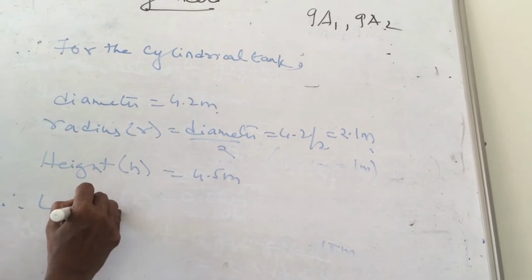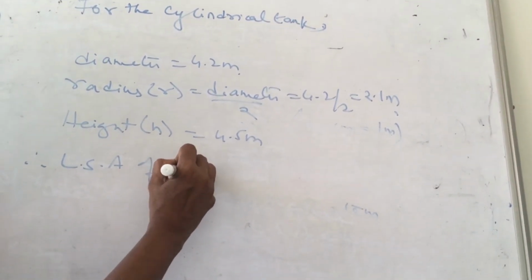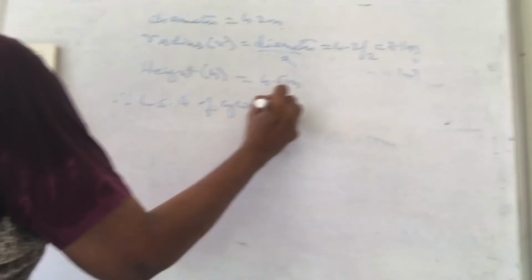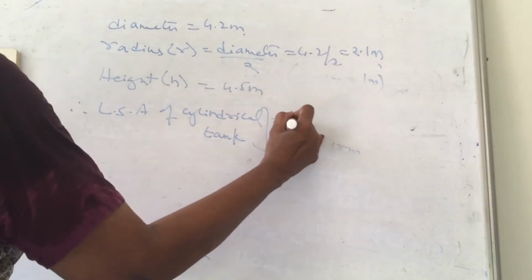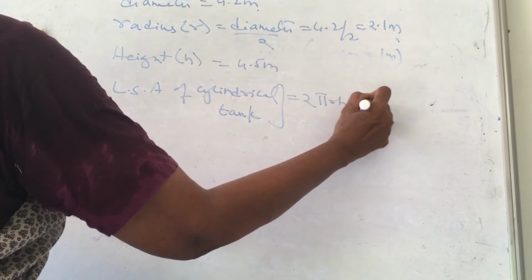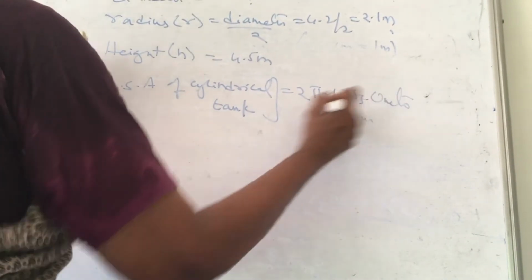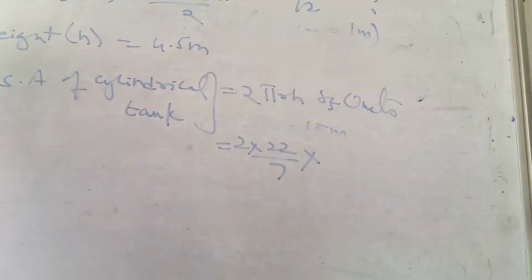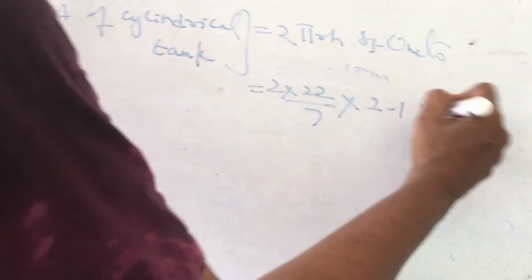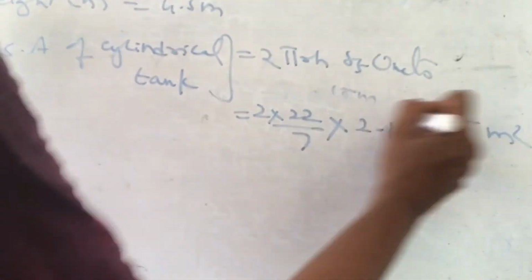Therefore, LSA of cylindrical tank. Can you remember the formula, children? That is equal to 2 pi RH square units. What is it? 2 pi RH square units. 2.1 into 4.5 meters square.